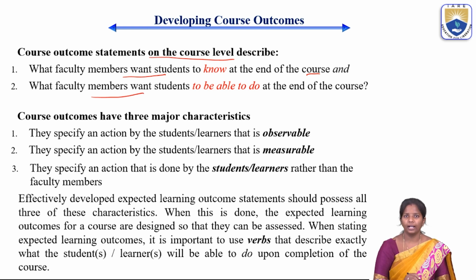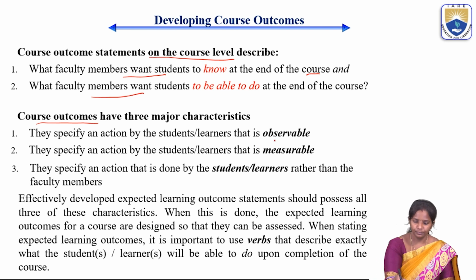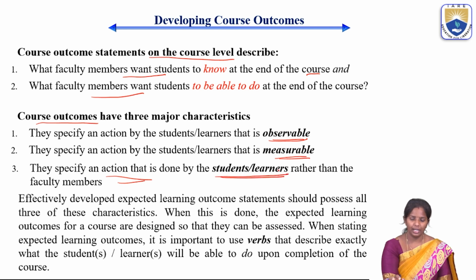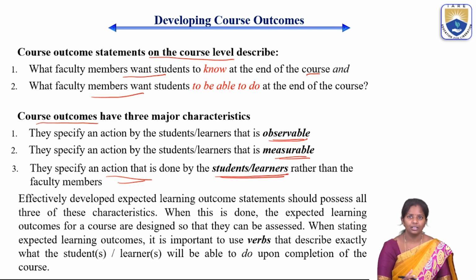So knowing and ultimately creating or doing is the ultimate learning process. Course outcomes have three major characteristics: observable, measurable, and an action that is done by students or learners rather than faculty members. So it is ultimately the student, the learner, who has to act upon and create or do some action for that particular course so that we understand that the learner is perfect.